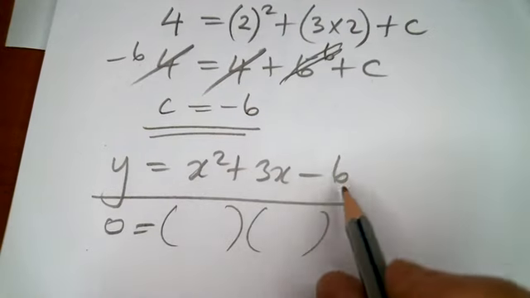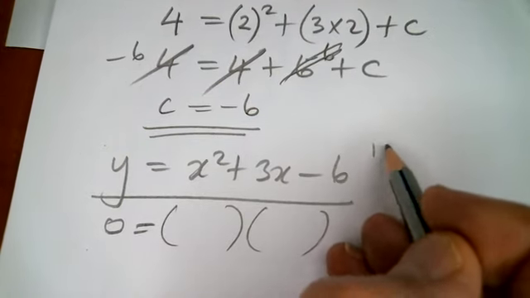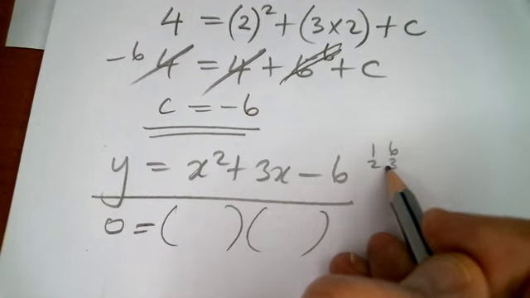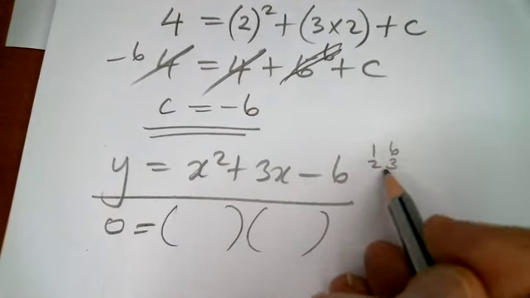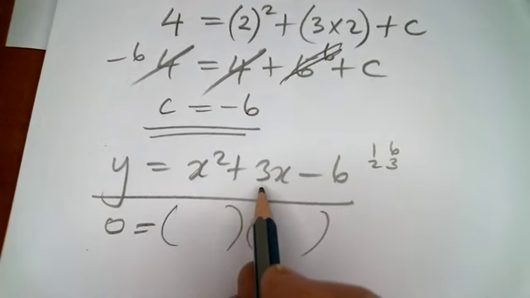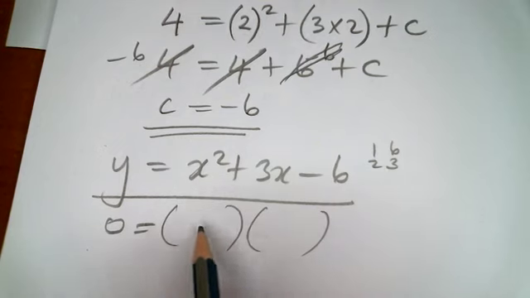Now, I'm looking for factors of 6, which of course are going to be 1 and 6 and 2 and 3, but adding or subtracting these in any order won't get me a 3. So I can't just put it into brackets simply like this.